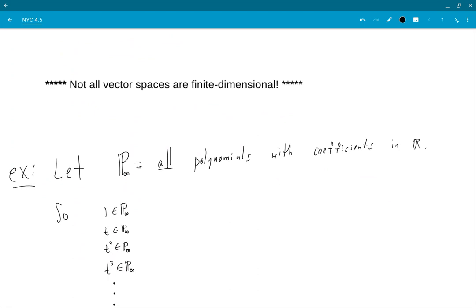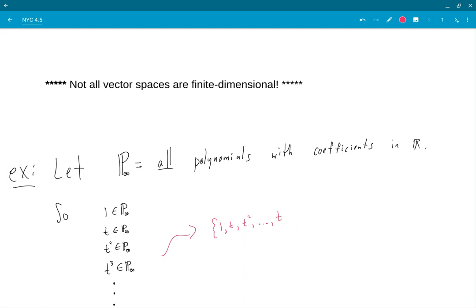Let me talk a bit more about this. So 1, t, t squared, ... This infinite set is independent. Maybe I should start, let's just be more careful here.